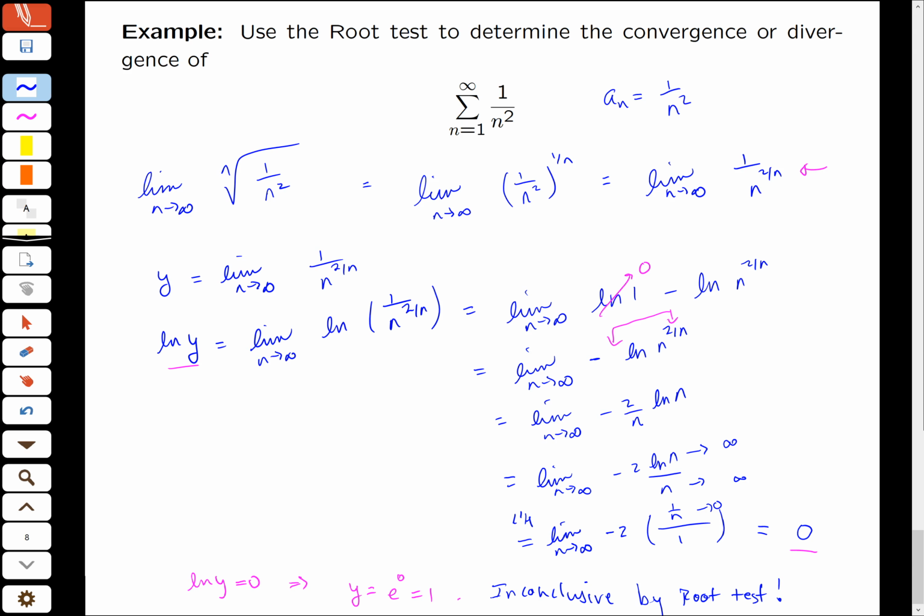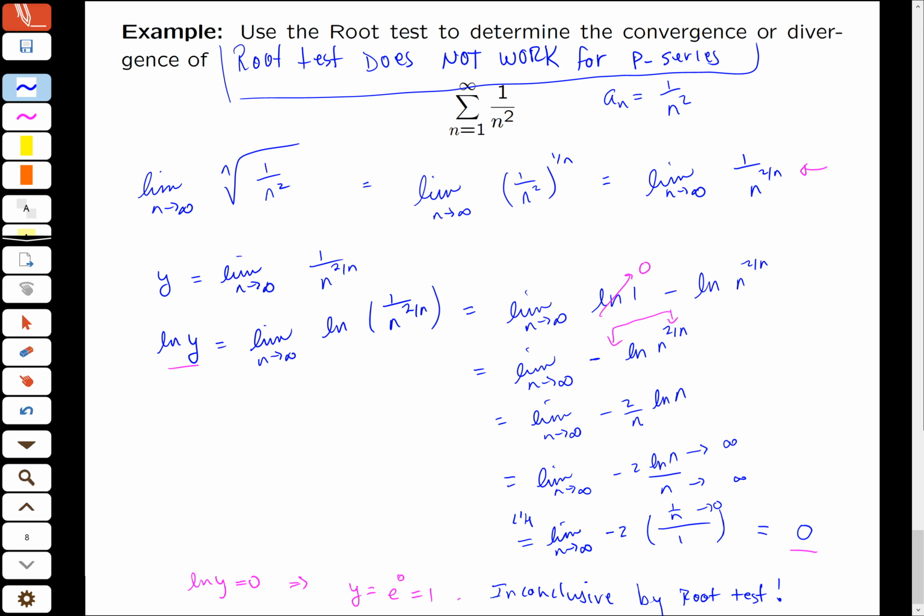Root test does not work for p-series. Yes. n is not in the exponent. Don't do a root test for a p-series. Only use the root test when n is in the exponent of everything. Or if your homework tells you to try it because they're forcing you to go through some pain and misery.